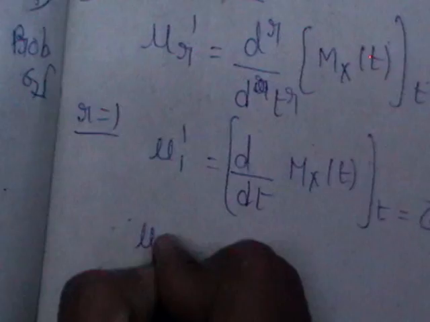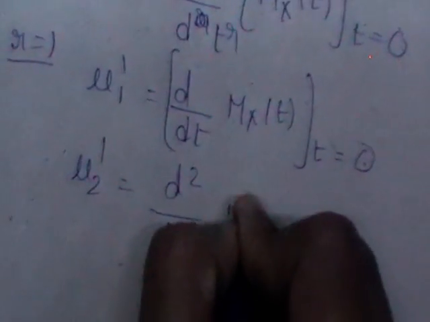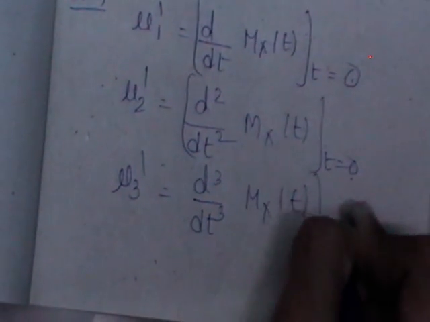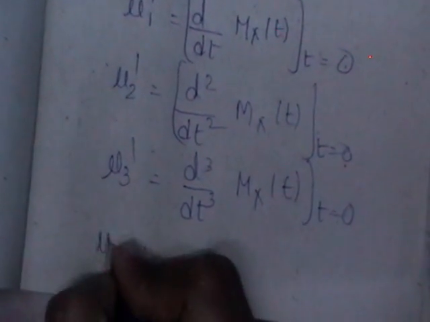To calculate mu2 dash, find the second derivative of M_X(t) and put t equal to 0. To calculate the third moment, calculate the third derivative, which means differentiating 3 times.